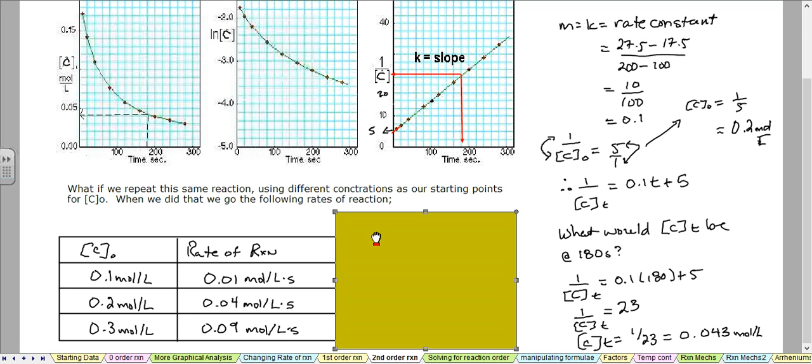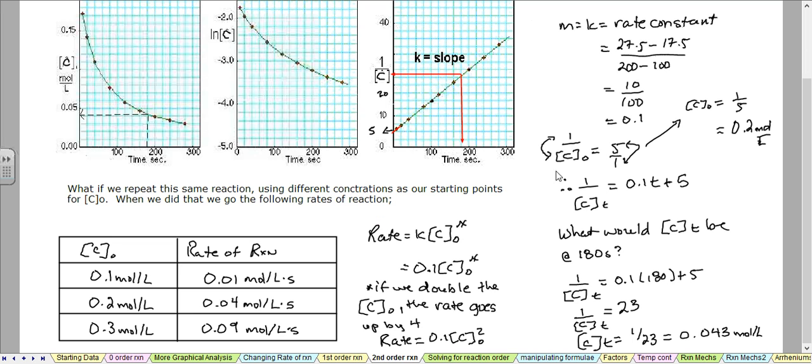You can probably figure out pretty quickly what the relationship is. If I double something, it goes up by 4. Obviously, I have a squared relationship. If I triple something, it goes up by 9. That would be the same as 3 to the power of 2. So when we take a look at how to determine my rate law, it is equal to k times my initial concentration to the power of x.